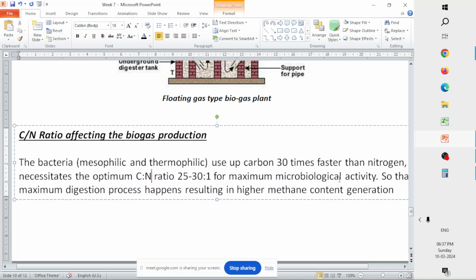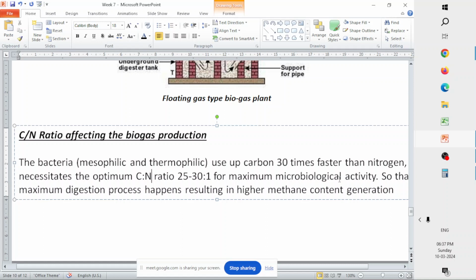If you don't maintain this, the bacteria will not be able to carry out the digestion process to the maximum extent. If you provide your biomass at a carbon to nitrogen ratio of 25:1 or 30:1, maximum microbiological activity will take place, so the maximum amount of digestion will happen.